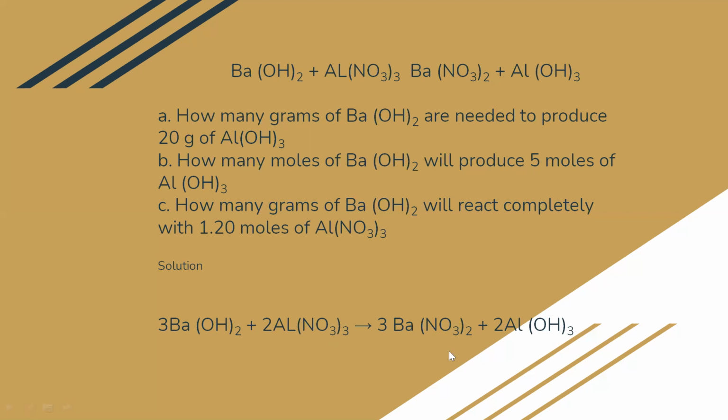So for the oxygen, we have 6 times 3, that would be 18, and 3 times 2 is 6, that would be 24. So it's balanced.